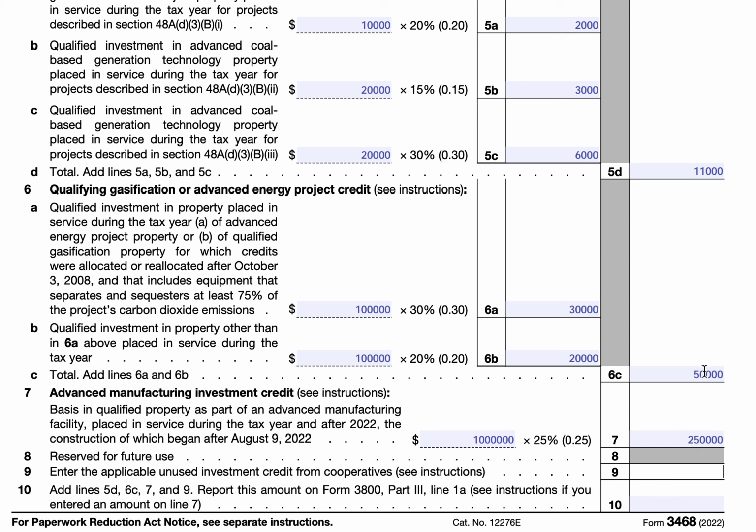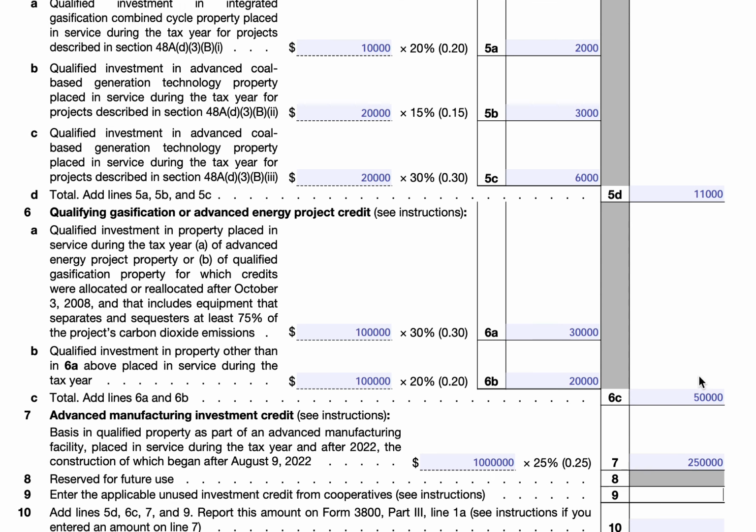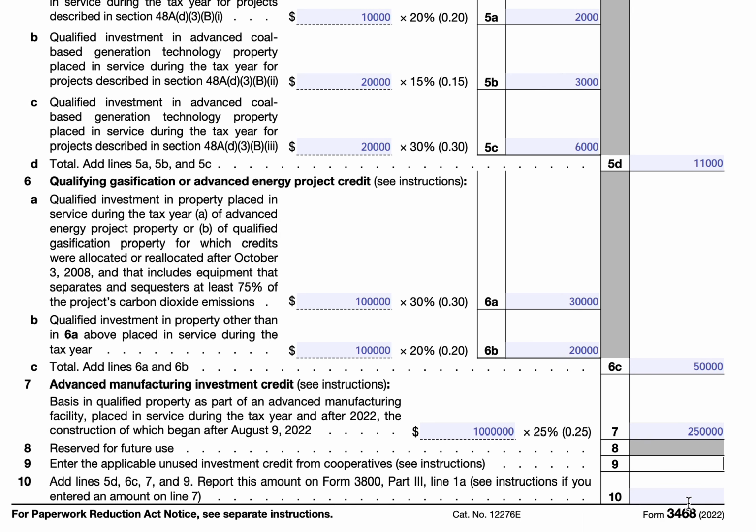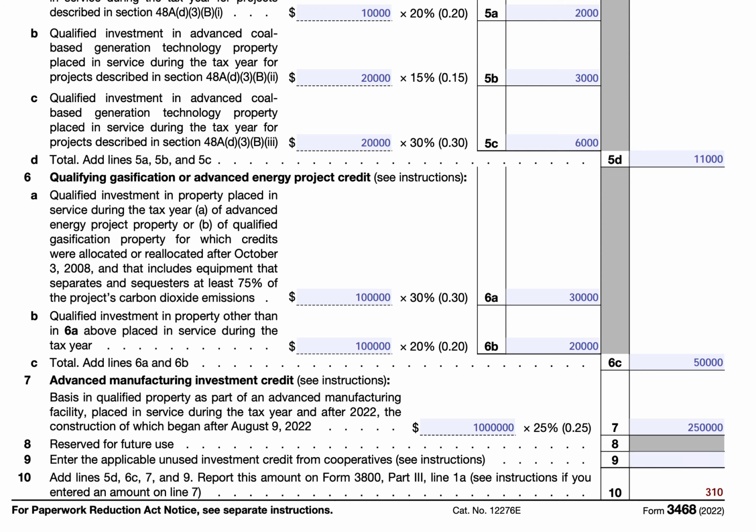So we get 311,000. We would enter this on IRS Form 3800, Part 3, line 1A. If you entered an amount here, then we also have to make an adjustment.